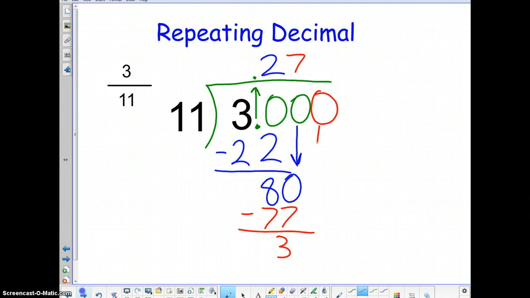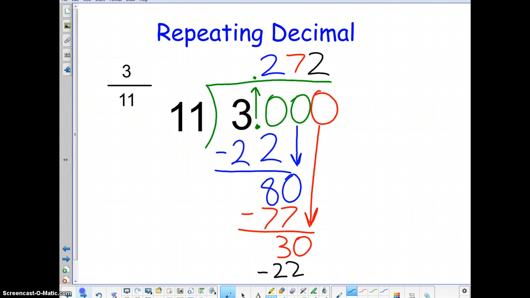Since we do not have a terminating decimal, we bring the 3 down. And then what I would like you to see is that this is exactly where we started. Okay, so we had 30, well 11 goes into 30 twice, minus 22. We're going to be doing that same thing. 11 goes into 30 twice, minus 22.